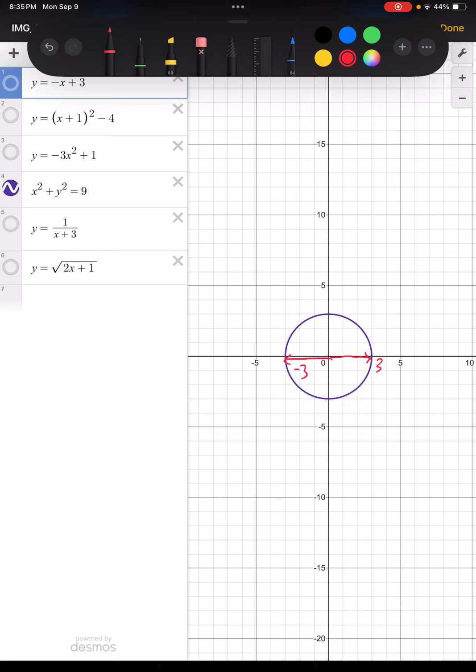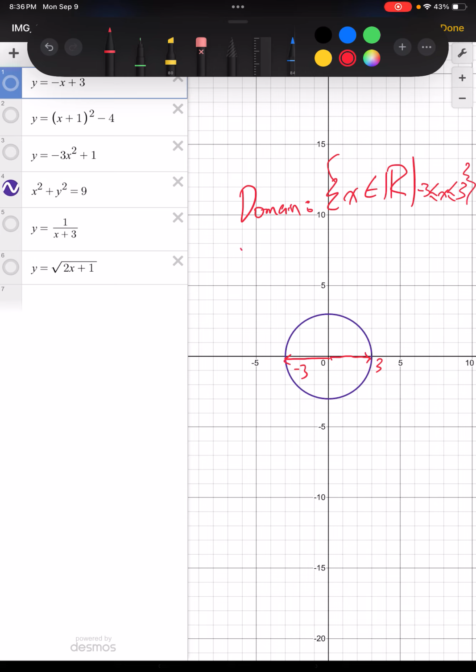So we'll say domain: x is an element of real numbers such that x is greater than or equal to negative 3 and less than or equal to 3. Let's write that a little nicer. So it goes from negative 3 to 3. Now x is greater than or equal to negative 3, and x is less than or equal to 3.